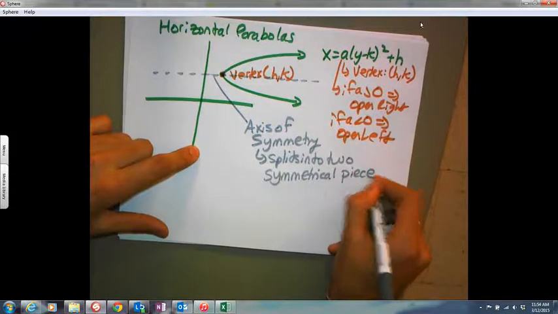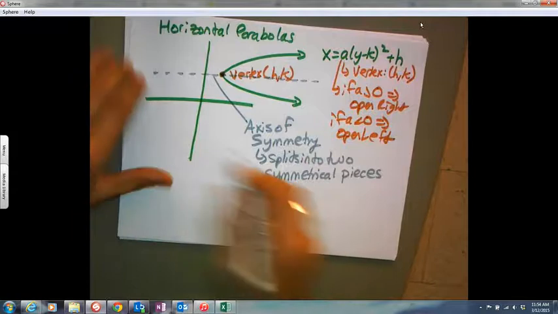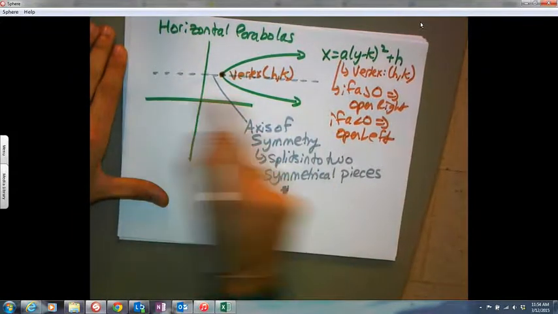And the line is, this time, a y equals line. It's a horizontal line. Y equals k.